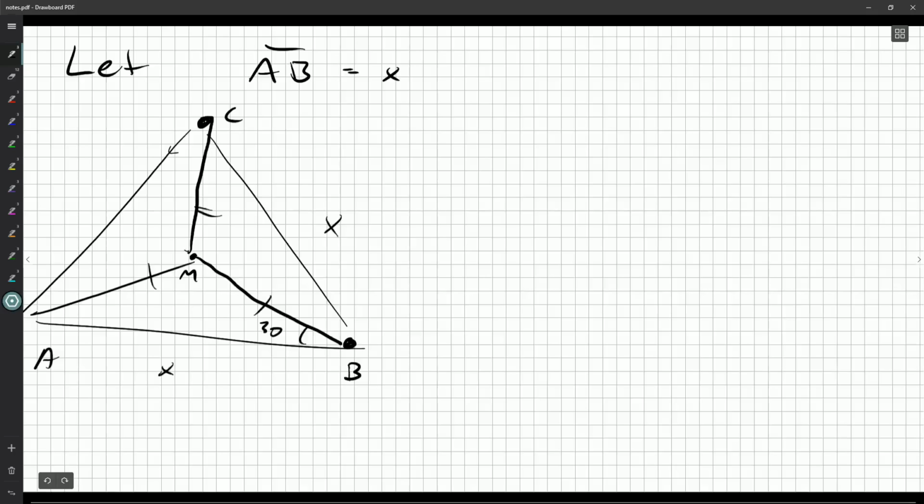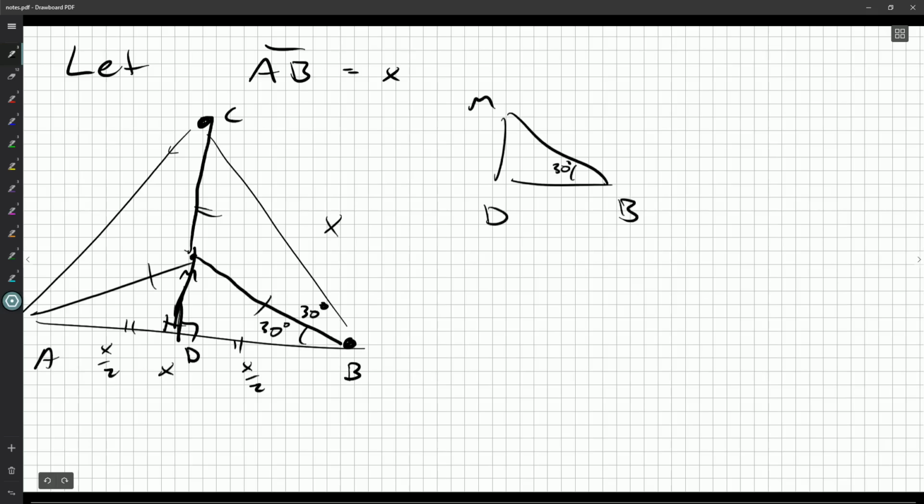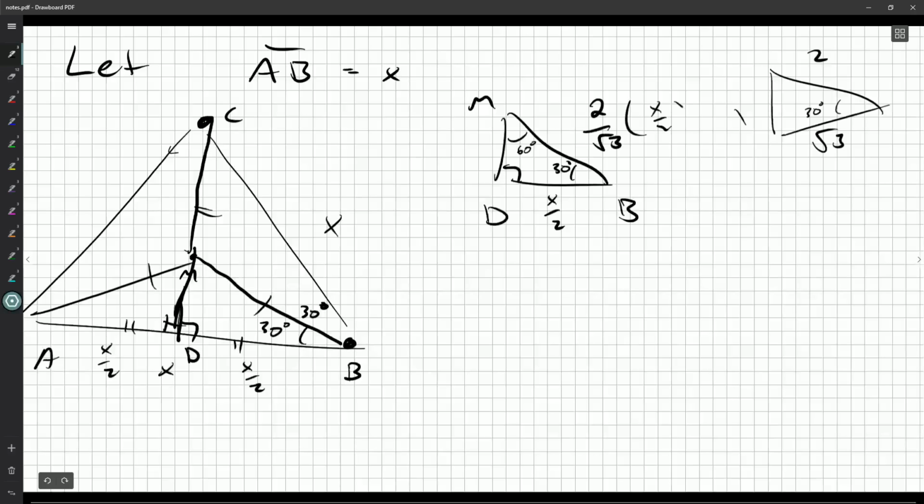And it also splits this in half, so we get 30 degrees, 30 degrees. CM will split this in half. So X over 2, X over 2. And what we have here is, if you want to call this D, BDM is a 30, 60, 90 triangle, X over 2 here. So we get ratio of 1 to root 3 to 2. So BM is going to be 2 over root 3 times X over 2.